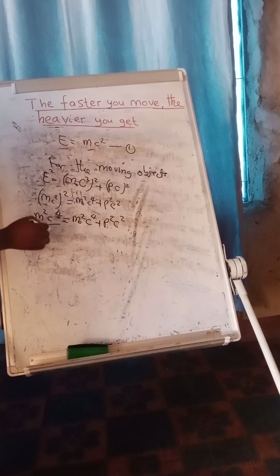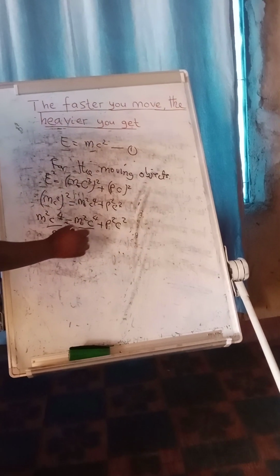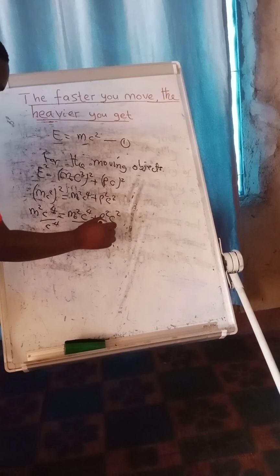Now let us divide both sides by c to the power 4.